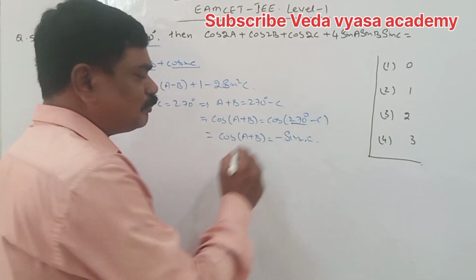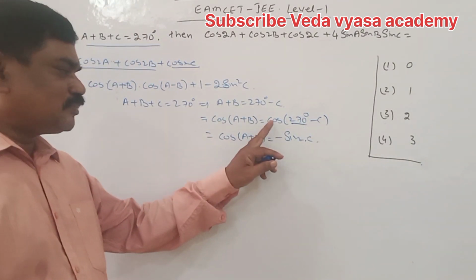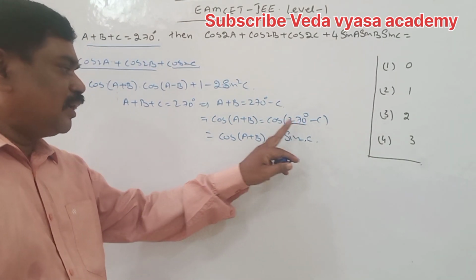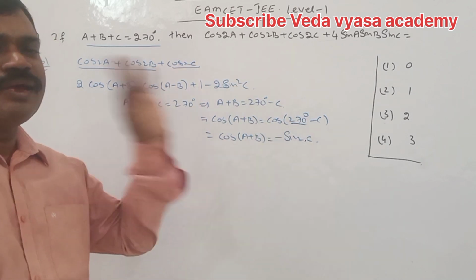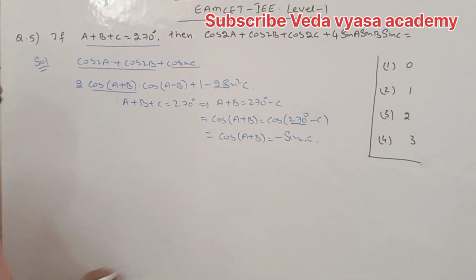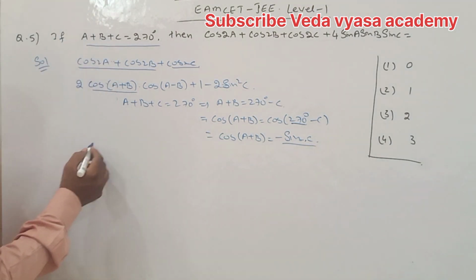Because this is the complementary angle, so cos becomes sin, and it is in the third quadrant, where cos is negative. So cos of (A plus B) is equal to minus sin C.